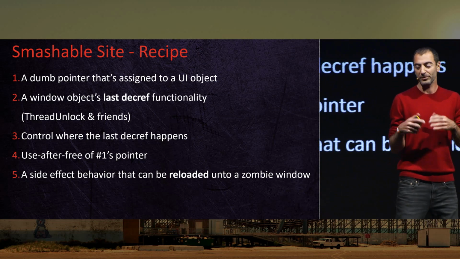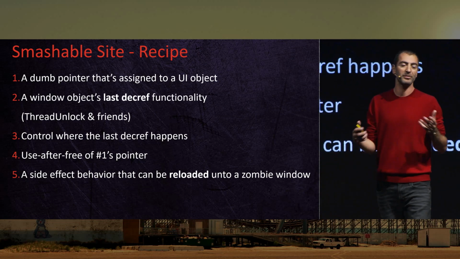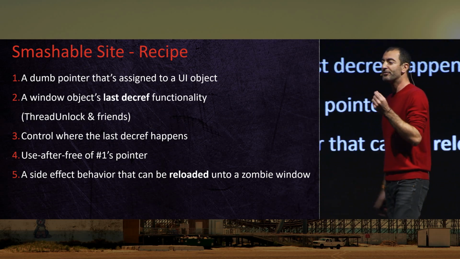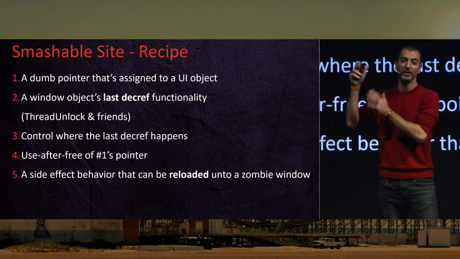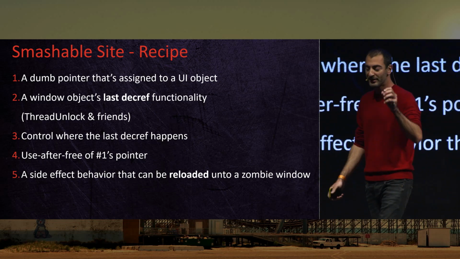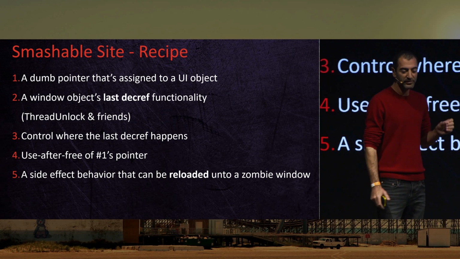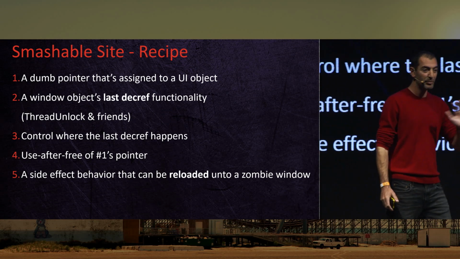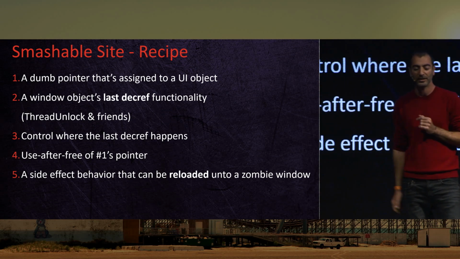The smashable site, this is the recipe. The point was to give a recipe for exactly finding all the places in the code where we can find this extreme case where we have this situation. And I will give an example, but try to follow these guidelines, okay?